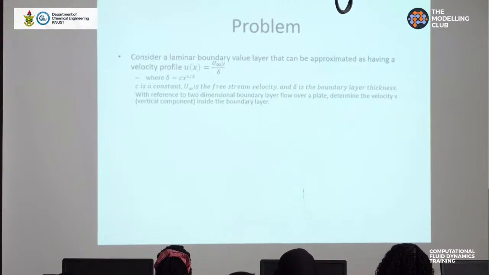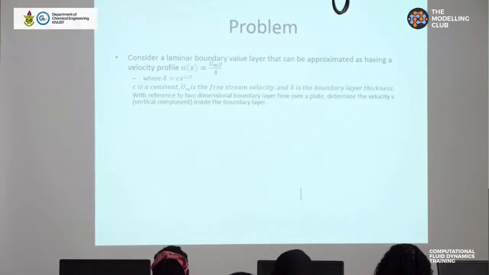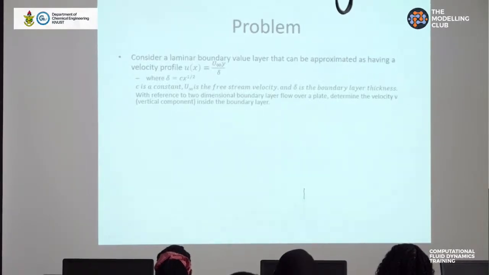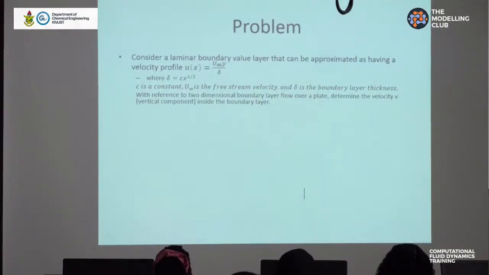And del, which basically represents your boundary layer thickness, is given by C x to the power 1/2, or square root of that. With reference to two-dimensional boundary layer flow over a plate, can you determine the velocity v, that is the vertical component inside the boundary layer?